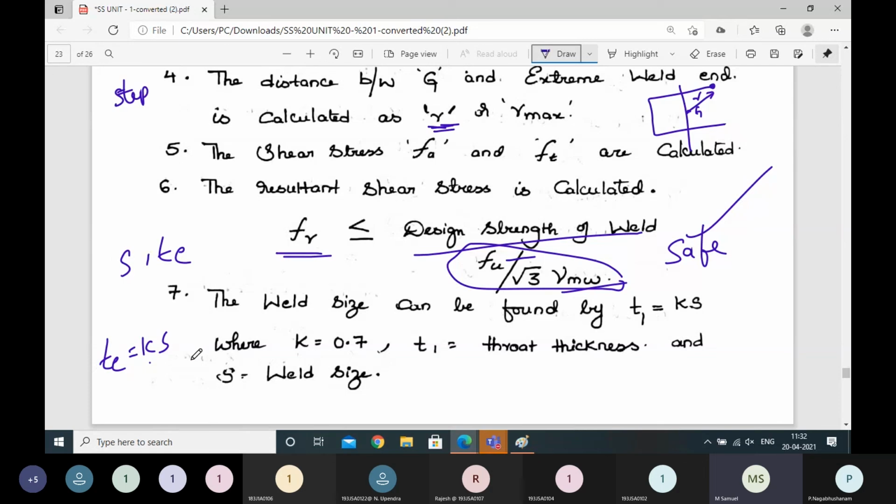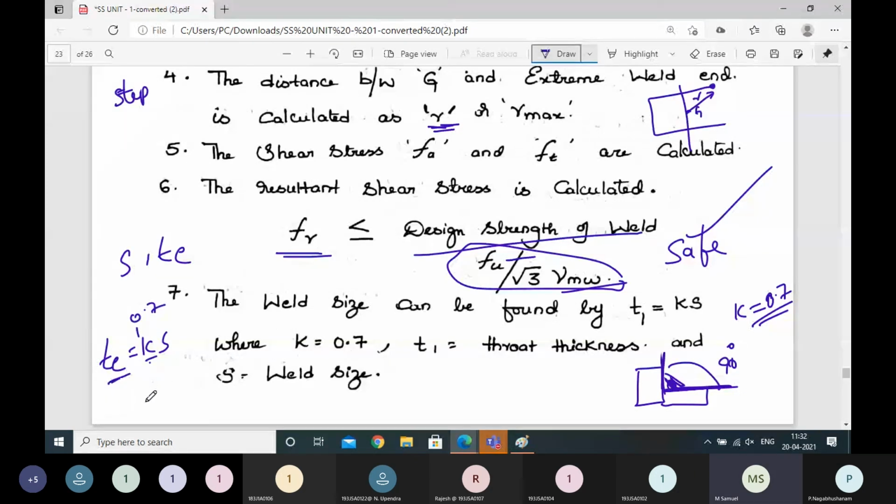In most cases the weld surfaces are perpendicular to each other. As I told you in the last class, if these are the two elements that I am welding with a fillet weld, one face is vertical and the other horizontal. The angle between them is 90 degrees, so for 90 degrees the K factor is 0.7.